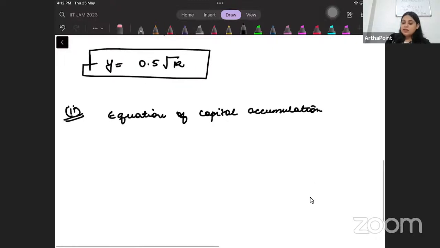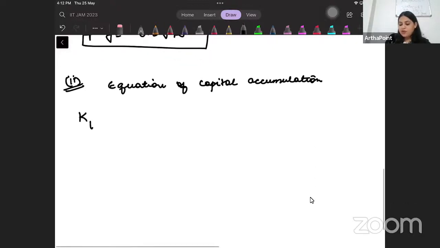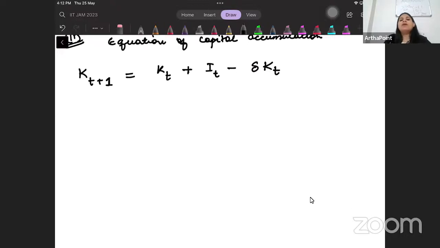How do we write it, beta? The amount of capital at period t plus 1 is the amount of capital at period t plus the investment minus depreciation on the capital. That is it: the amount of capital at period t plus 1 is last year's capital minus depreciation plus investment.